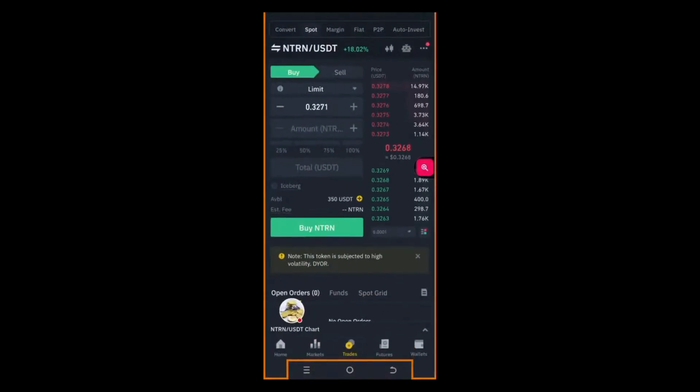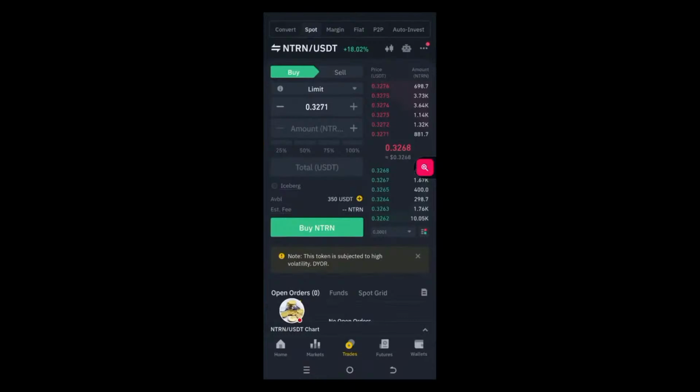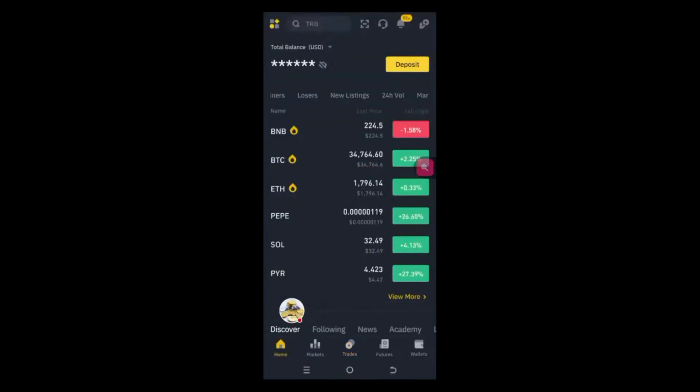People are interested in buying the coin, even though I'm not seeing much velocity and volatility in the price. But anyway, that's the concept behind new listings: if it's new, it should still give you the new vibes and people will still want to buy it. So that's the concept behind choosing either gainers, losers, or new listings.